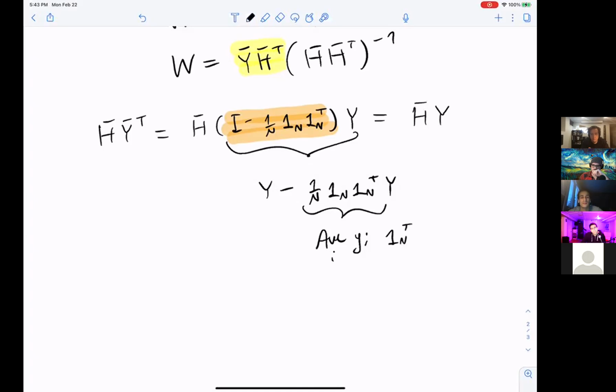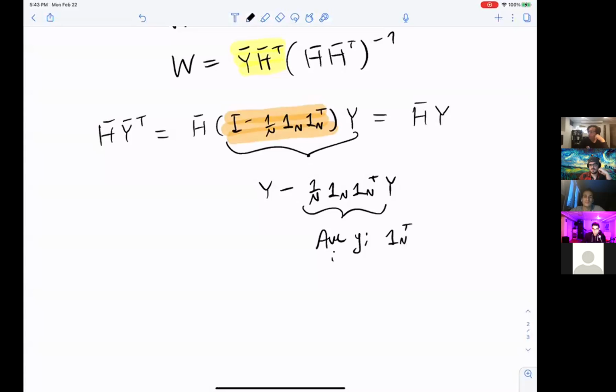It's symmetric. Yes, it is symmetric. Exactly. Thank you, Tristan. So Tristan is saying, is that because h bar is already centered?